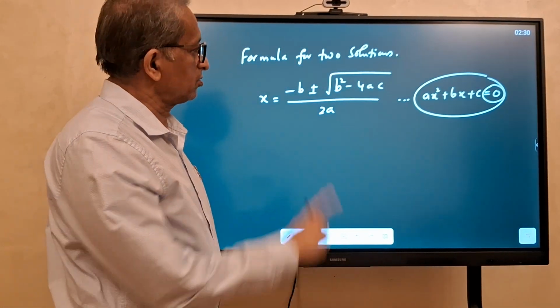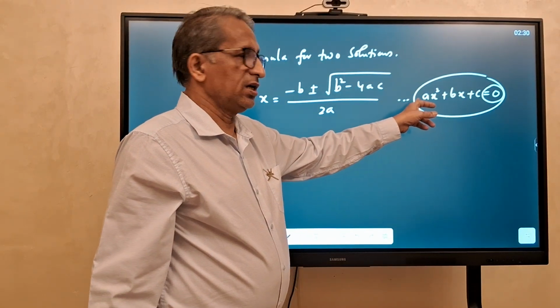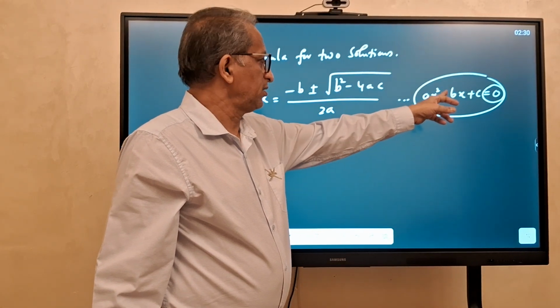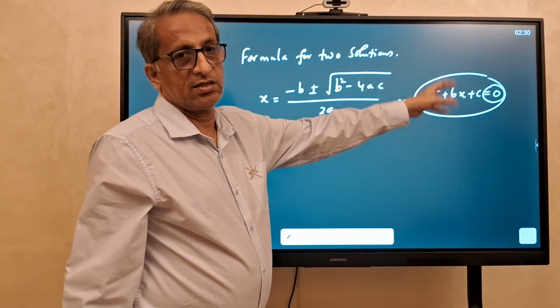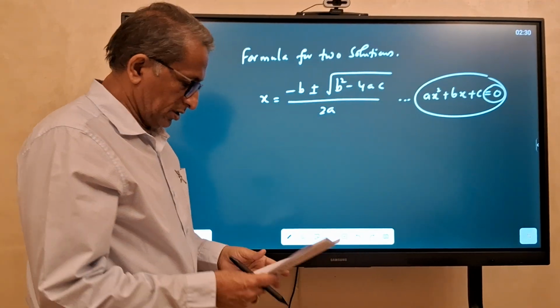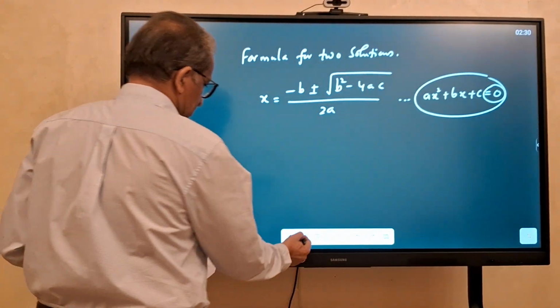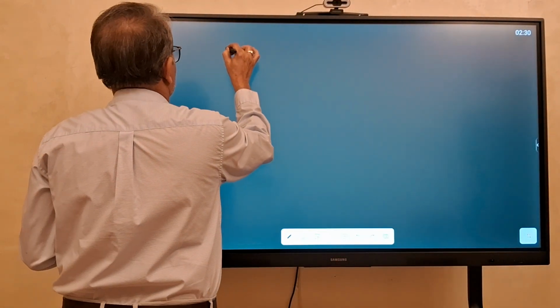If it is not 0, make it 0. Then find a, b, c. Remember, a is the number with x square, b is the number with x, and c is a pure number, no x there. So let's see examples from section 8.1.